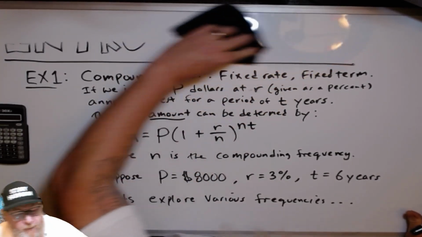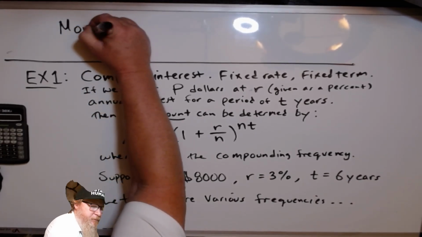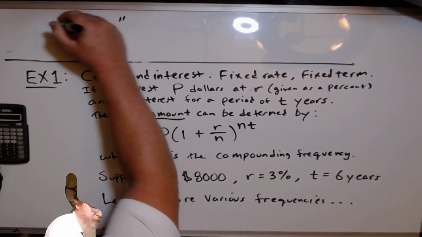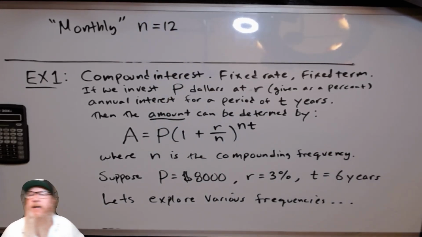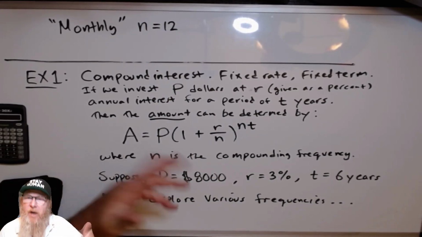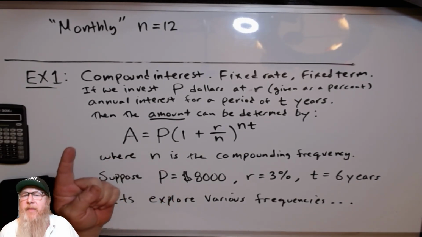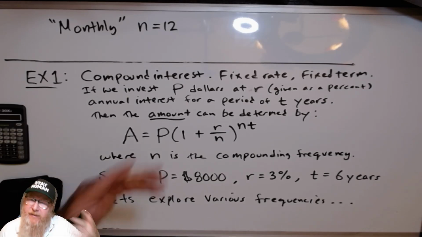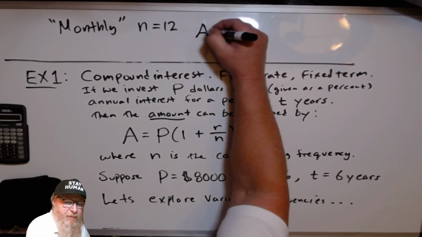The most common frequency is monthly. Every month you get a statement. They've compounded the interest once a month, yeah, and then you get a statement, and it sort of keeps you updated as to how fast the money is growing. Let's go ahead and do that.